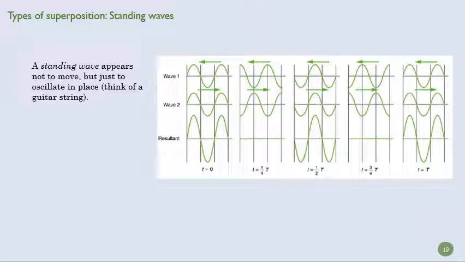So one type of superposition that results is what's called a standing wave. Standing waves appear not to move, but just to oscillate in place. A great example of this is a guitar string. You pluck a guitar string, and it looks like it's just moving back and forth. Really what's happening is you have waves moving up and down that guitar string that are interfering with each other.